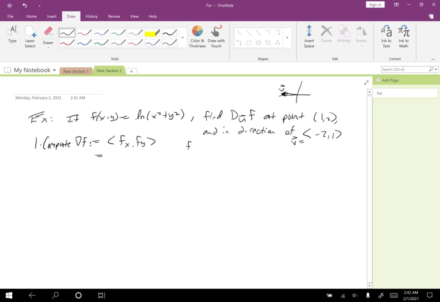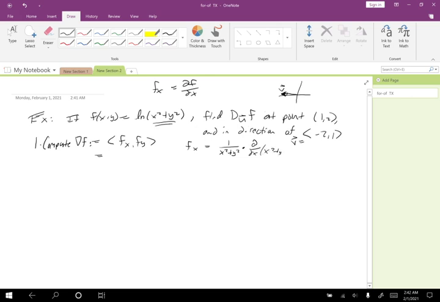I'll do this on the side here. Fx, remember I'm using shorthand notation, Fx is df dx, is 1 over the thing inside the logarithm, times the derivative of the thing inside the logarithm.